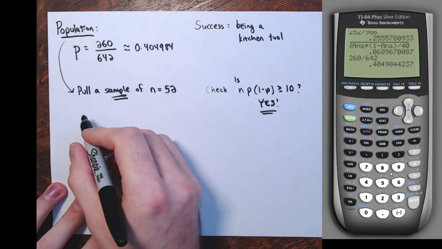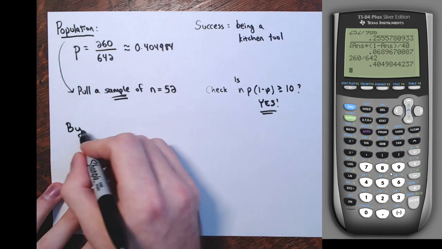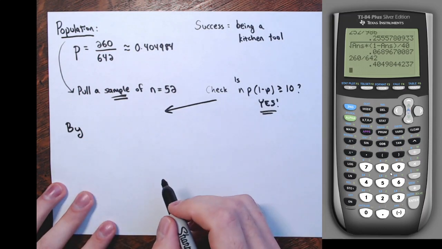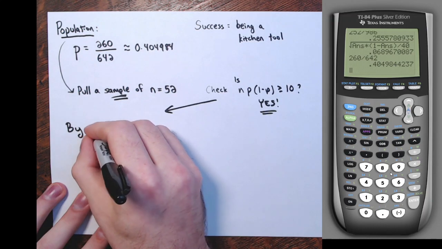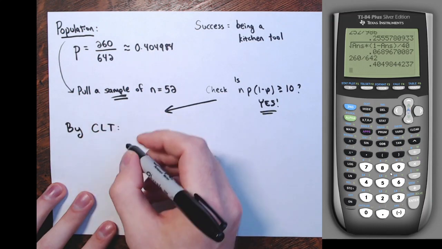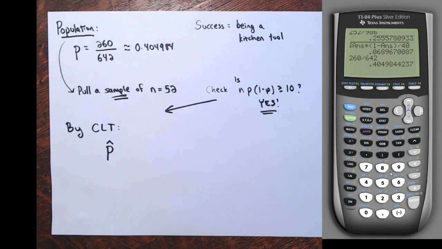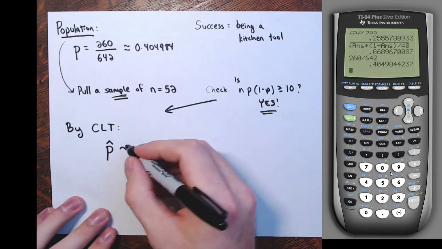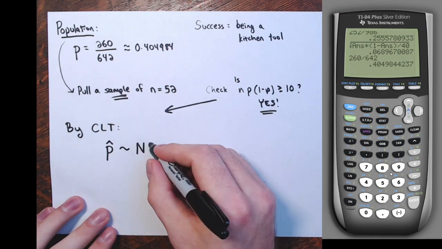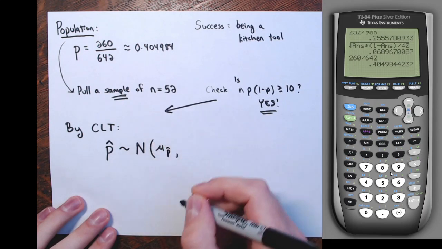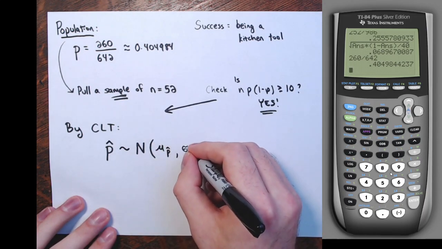Now, by the central limit theorem, since this condition is met, n times p times 1 minus p is greater than or equal to 10, the distribution of the p hats, if you were to look at all possible samples of size 52 and look at their sample proportions, would be approximately normal with a mean of mu sub p hat and a standard deviation of sigma sub p hat.